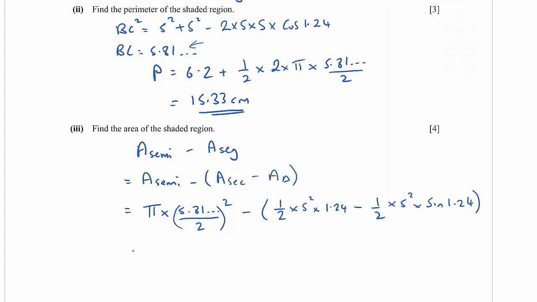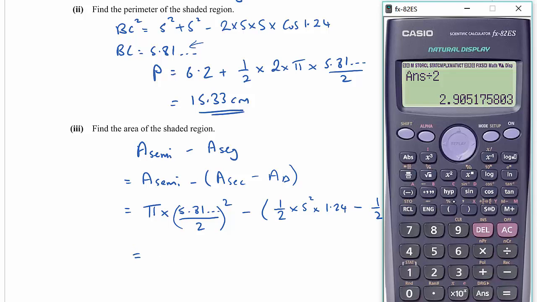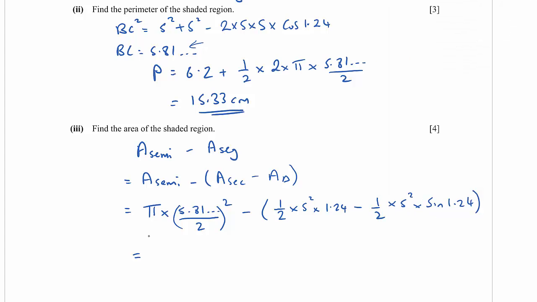So I've got pi times the answer squared, and oh, that was a bit of an oversight, it's only a semicircle, isn't it?